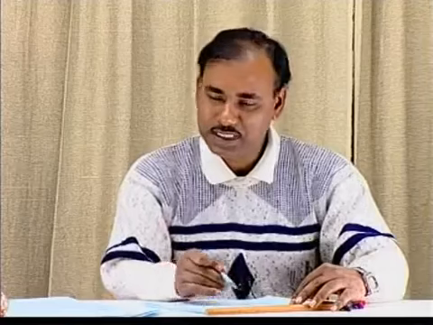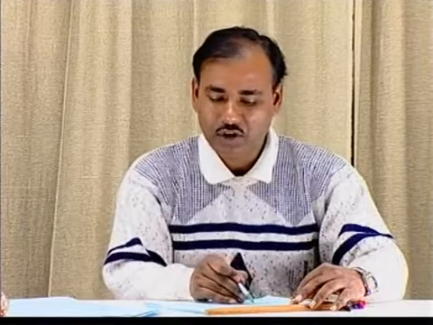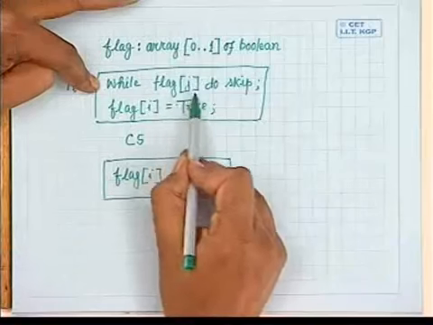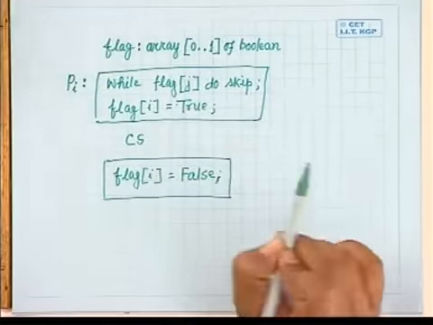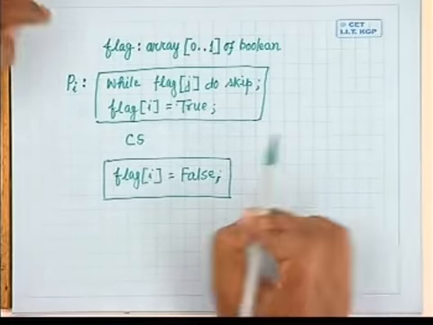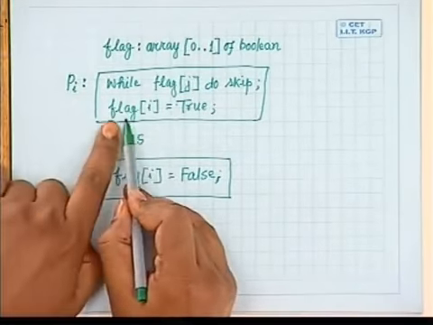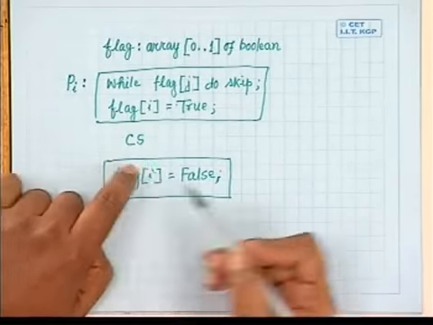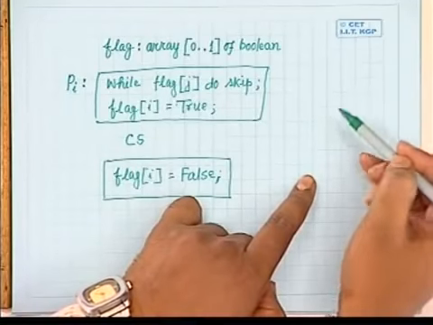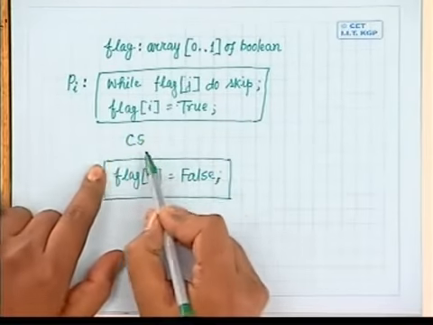Because flag i has not been set true by the ith process, the jth process will also find flag i equal to false, so the while loop of the jth process will also be broken. Subsequently, process Pi will set flag i equal to true and enter the critical section. Process Pj also will set flag j equal to true and enter the critical section.